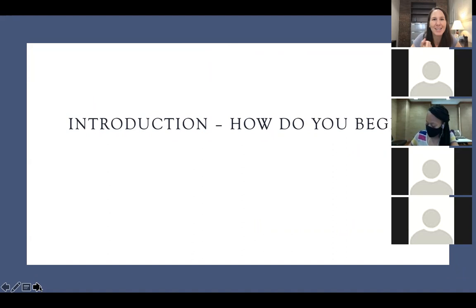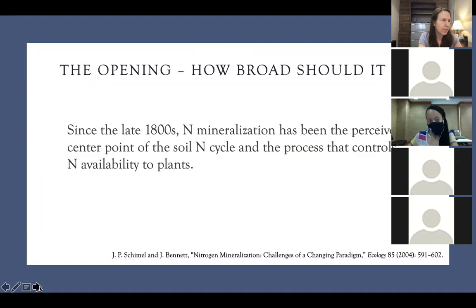How do you begin the paper at the very beginning? So one question you might have is, how broad should the opening be? I'll show you just how all these decisions that you're making about your paper can relate back to your research story, that central question and answer.